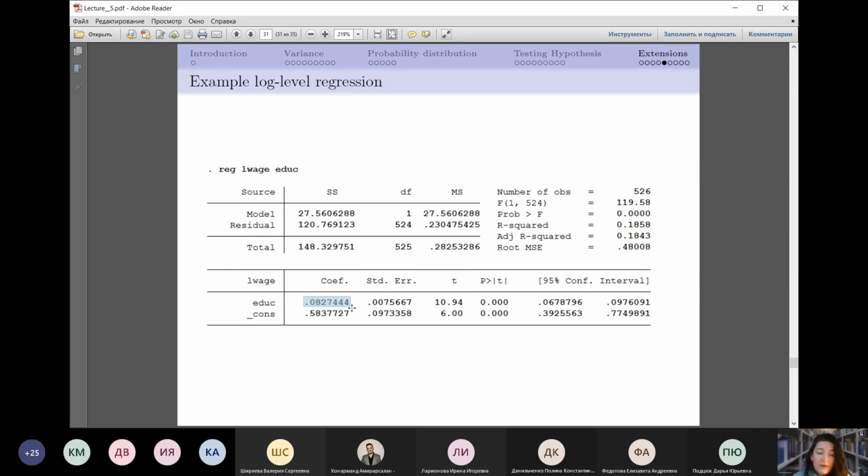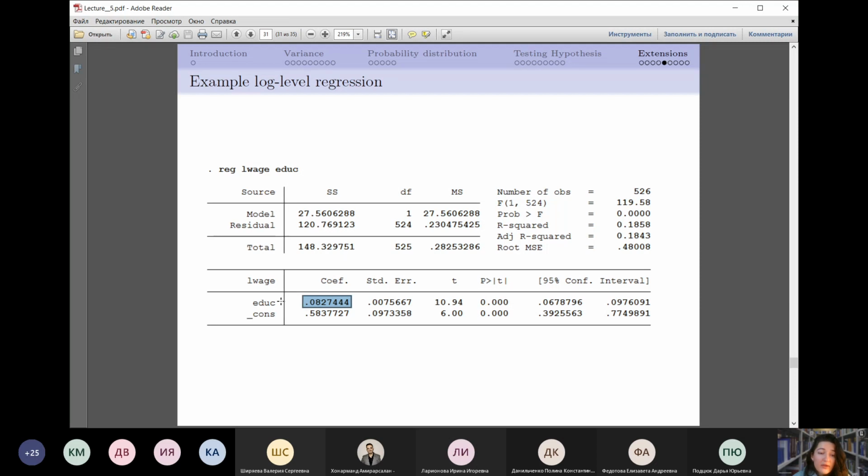Okay, and now let's interpret this value, 0.08 after rounding. How can we interpret it? What does it mean? This is the slope estimate. I should say firstly that education is measured in years, and the original variable wage is measured in dollars per hour, but here we have the logarithm of wage.